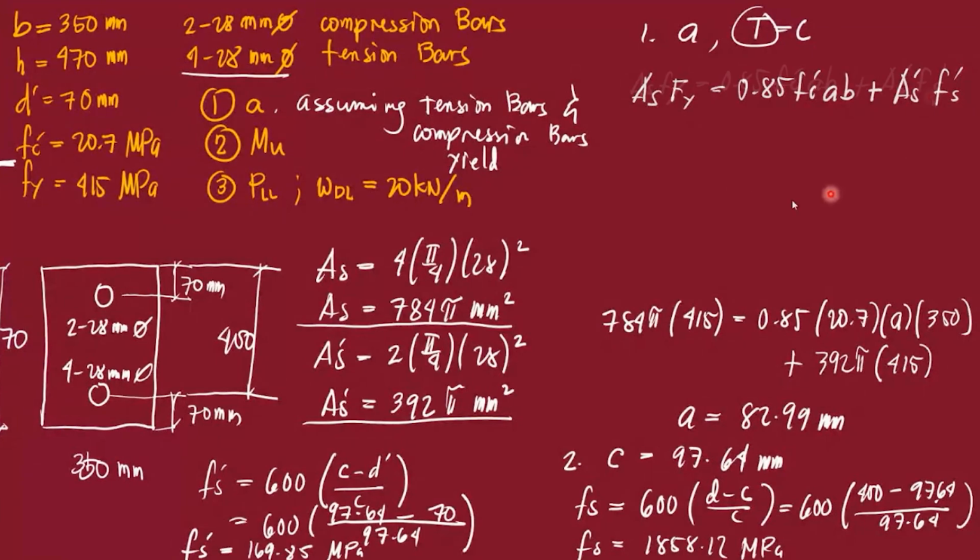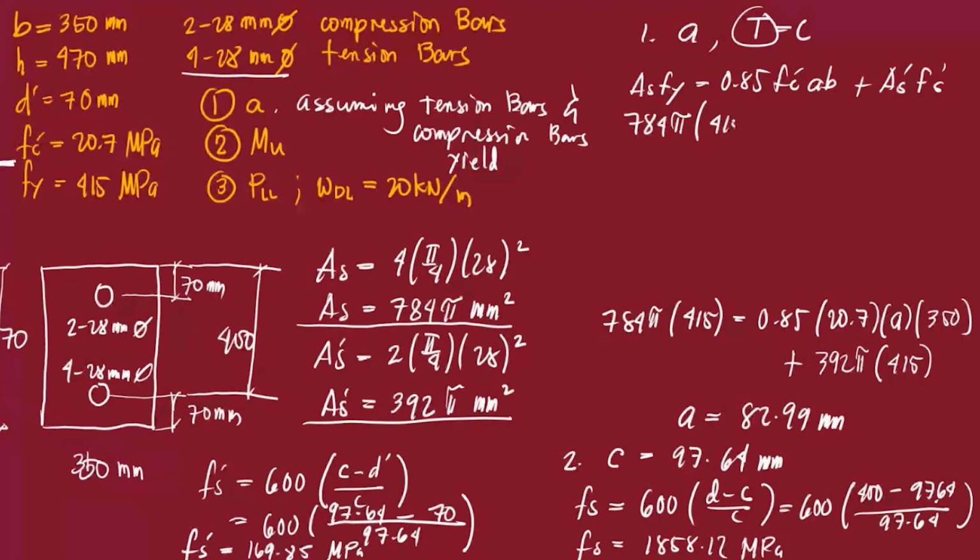But you do not substitute the Fs value from before, because that Fs was solved using the value of C, which was solved using the value of A assuming that both yielded. They did not both yield. So this will be your As is equal to 784 pi multiplied by your Fy, which is 415.